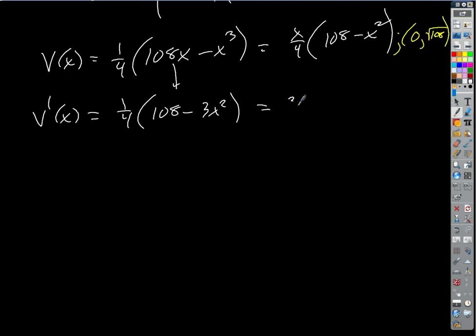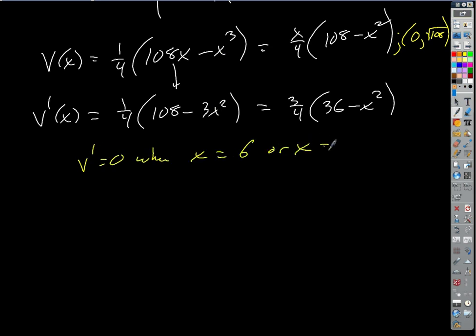And get 3/4 times (36 minus x squared). Okay, so what are my critical numbers? When x equals 6 or x equals -6, but -6 isn't in our domain, right? So 6 is the one critical number we get.